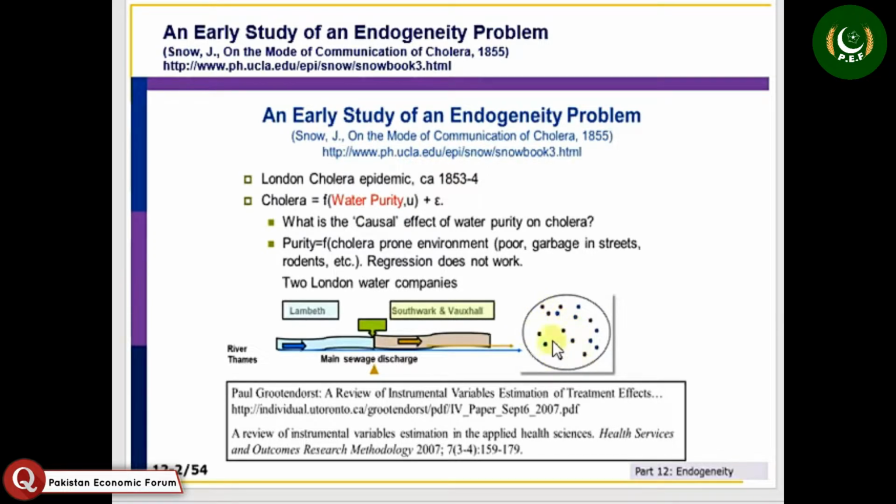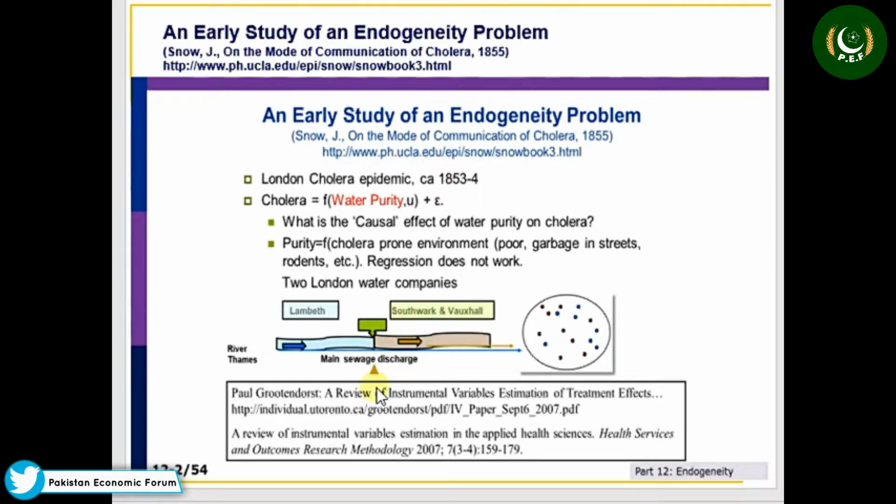Their other characteristics were not linked with water quality, so they were randomly distributed. Those taking water from Lambeth had a lower prevalence of cholera than those taking it from Southwark. So he concluded that it is water quality which leads to more cholera. Water is the reason for cholera prevalence.